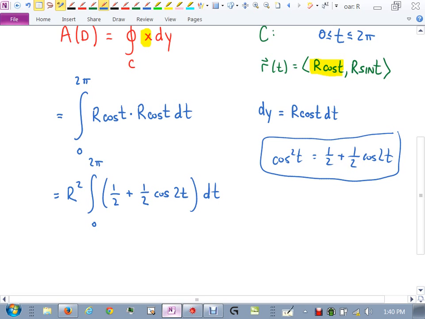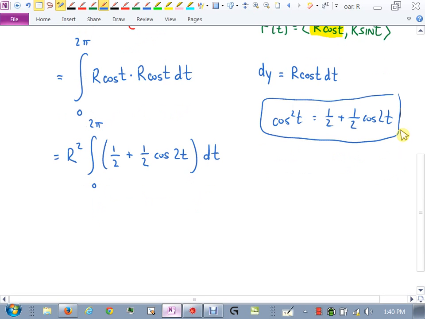Integrate those terms one by one. What's the antiderivative of 1/2? 1/2 t. Antiderivative of 1/2 cosine 2t: 1/4 sine 2t. And we're going to evaluate that from 0 to 2 pi. All right, let's plug in 2 pi.